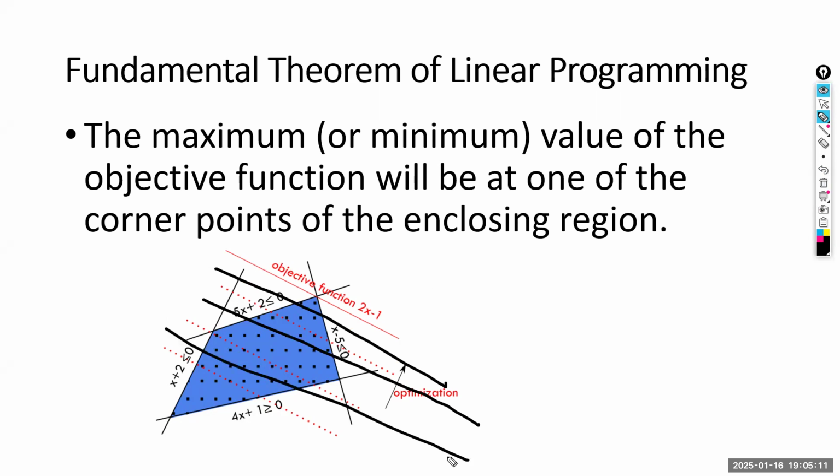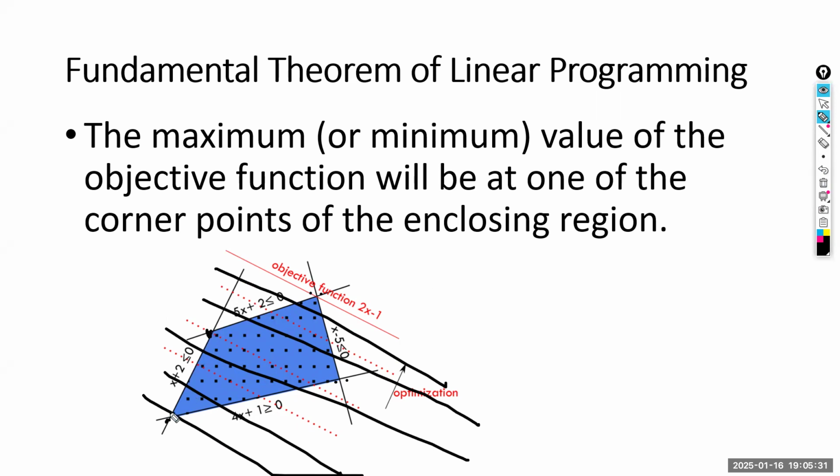Your task is to find at which point you get the maximum value. The maximum value is always at one of these corners, so you find the corner values. Of course, how do we find the corner values? By simultaneously solving.